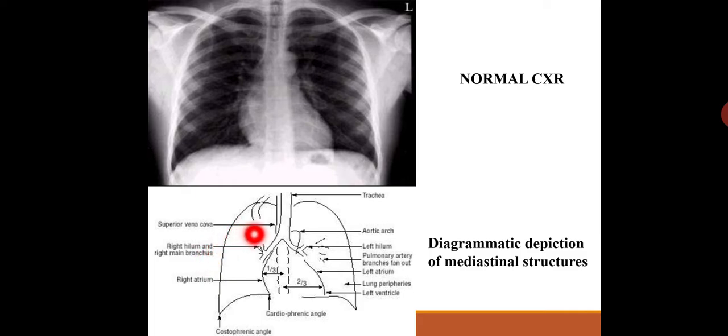You can see the superior vena cava just parallel to the trachea, the right atrium, the pulmonary artery branches, the left atrium, and the left ventricle. This is a diagrammatic depiction of mediastinal structures, and the mediastinum is a very important topic in a chest X-ray.